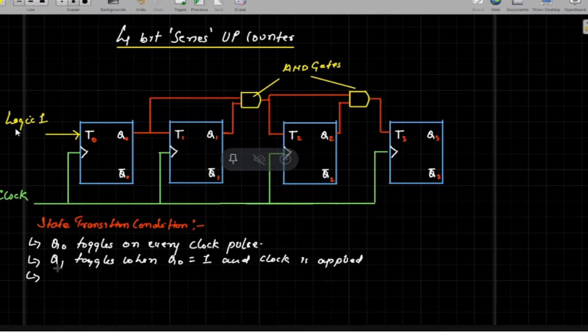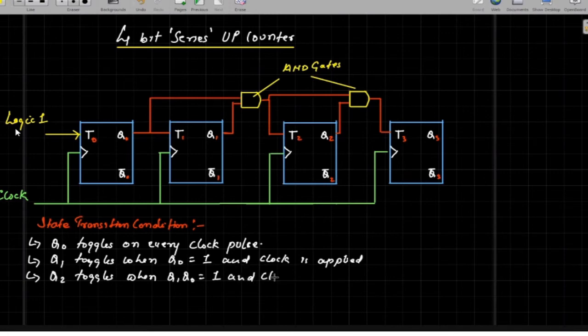Similarly, if you move on to the Q2 toggling state, then Q2 toggles when Q1 and Q naught together have a combination equal to 1, and of course the clock will be present. Clock is applied.